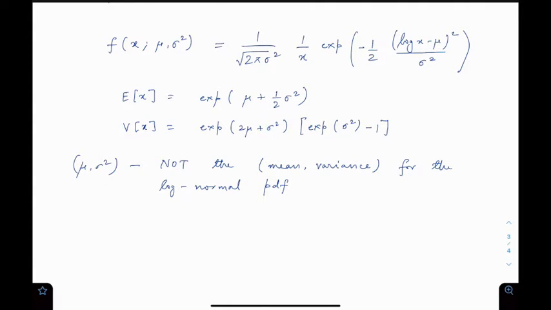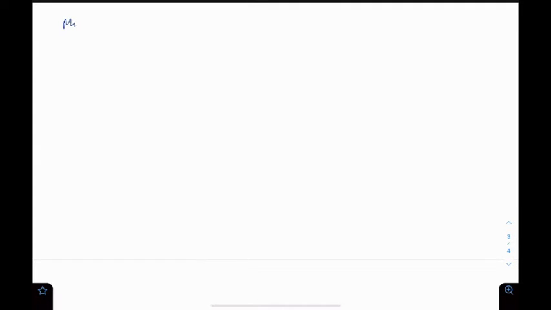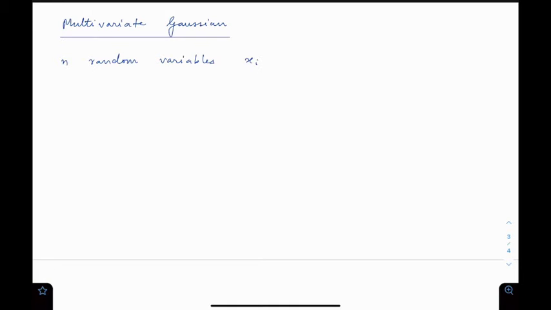The next generalization is the multivariate Gaussian or normal distribution. So now let us consider n random variables x i with means mu i.